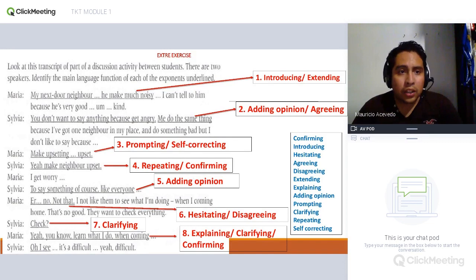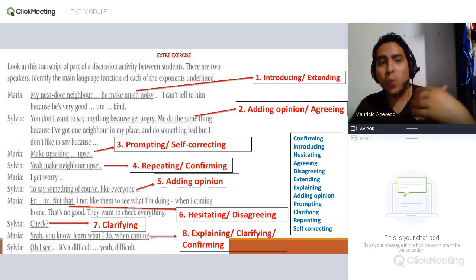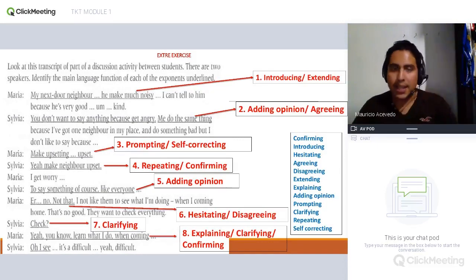Number 3 is prompting and at the same time self-correcting: "make upset." Why prompting? Because they continued the sentence. And self-correcting because, as you can see, she realized she made a mistake, but she corrected it almost immediately. Number 4 is repeating and confirming.